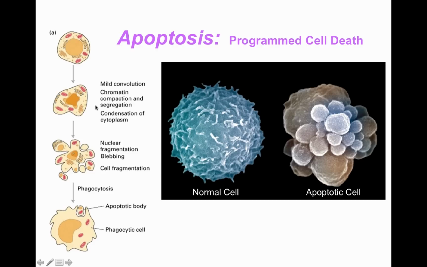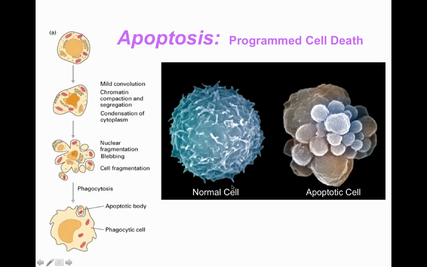Eventually, you also are going to have condensation of the cytoplasm, so the cytoplasm is going to begin to shrink. Following these steps, you're going to have the nucleus being fragmented and the blebbing of the membrane, as shown over here by different portions, and also then cell fragmentation. Eventually, the cell fragments that are being generated can be phagocytosed by a phagocytic cell for elimination.